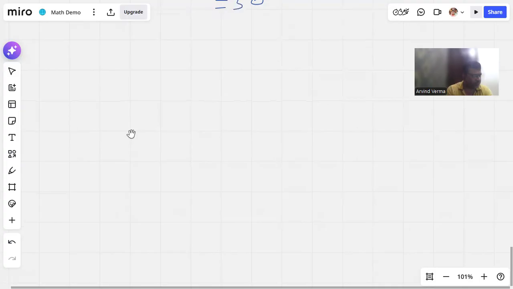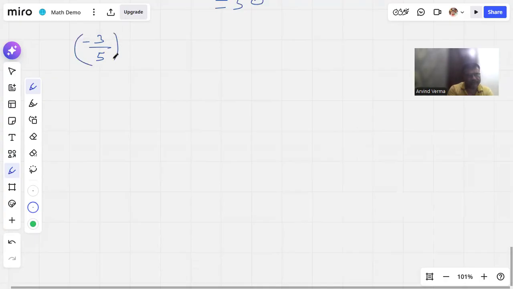Let's take one more example. Minus 3 upon 5, raised to the power 3, and whole power minus 2.